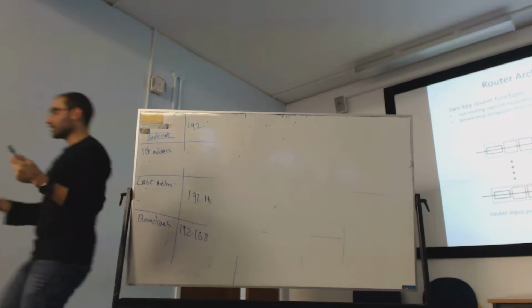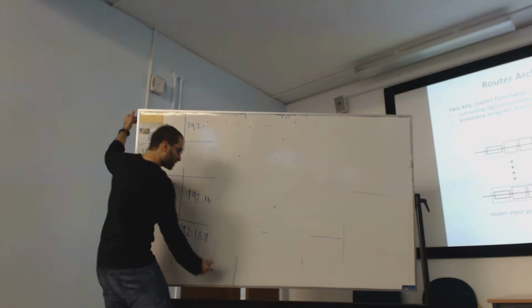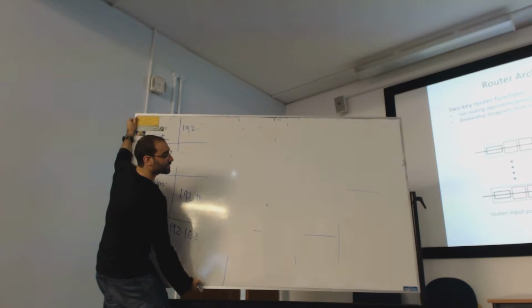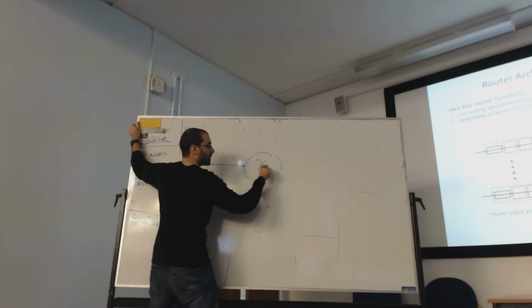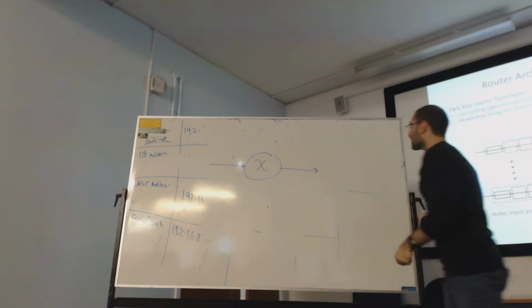So when I say incoming link, the input port, how does the input port look like? That's your input port, that's your router, and that's your output port. So let's look at them in details.